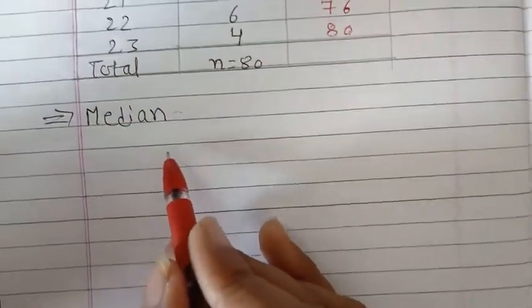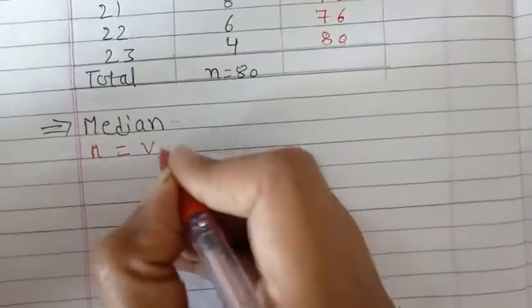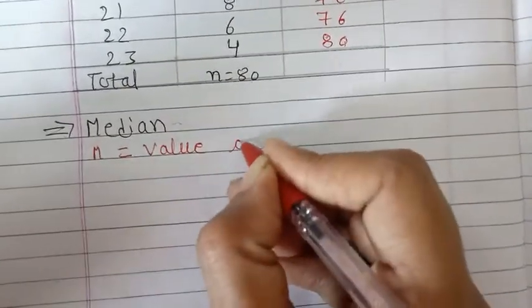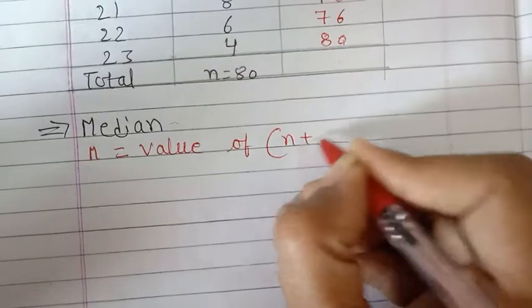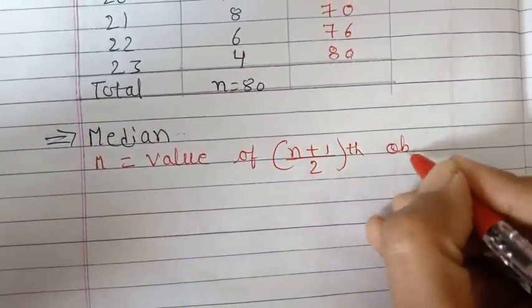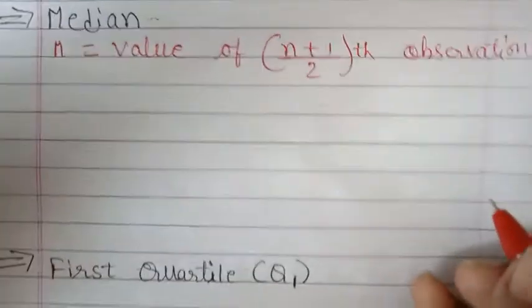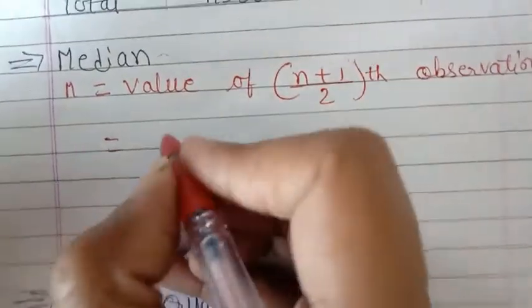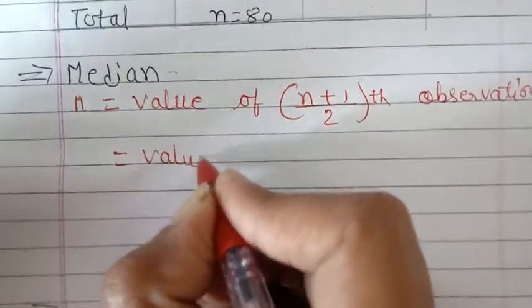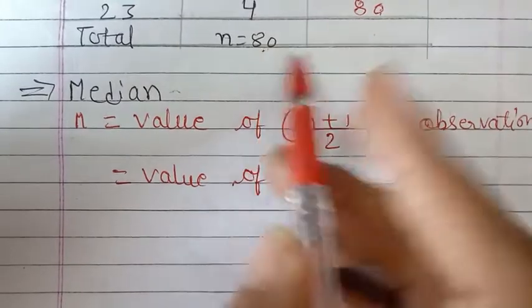First calculate the median. So median is equal to the value of (N plus 1) upon 2th observation. That is equal to the value of, now N, as you can see, is 80.